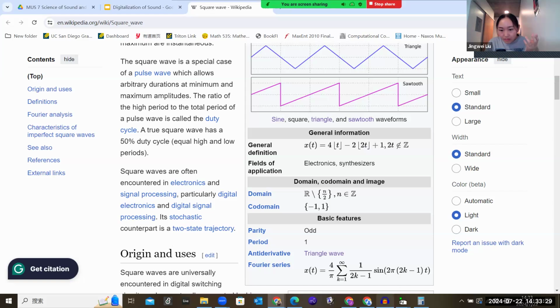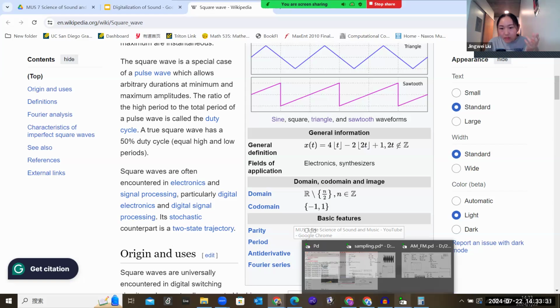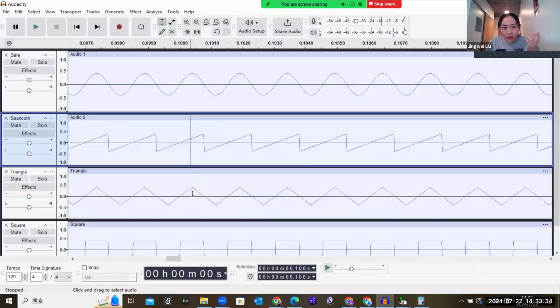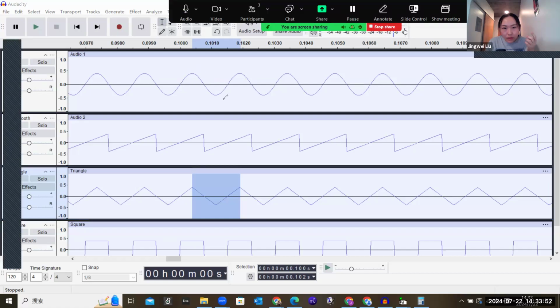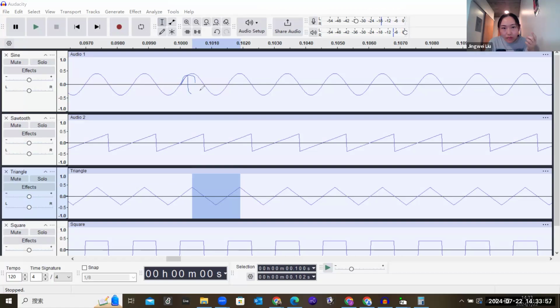It means in the square wave here, or triangle, whatever wave here, it doesn't only contain this type of sine wave, okay? It also contains the sine wave of twice the frequency, or three times the frequency, or four times. Okay, I'm not drawing very well, but these are the upper harmonics.